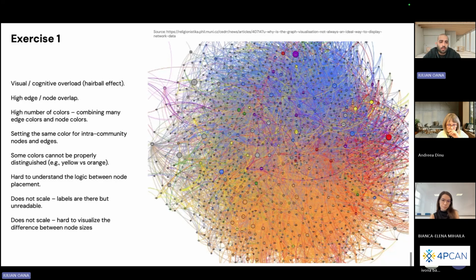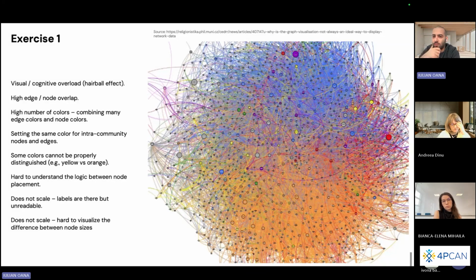Then also it's hard to understand the logic of node placement, because I see, for example, here that I have kind of this blue community, but why is this quite blue node here where it seems to be either the yellow or the orange or some overlap between the yellow and orange community. Another thing, things do not scale here. Labels do not scale.